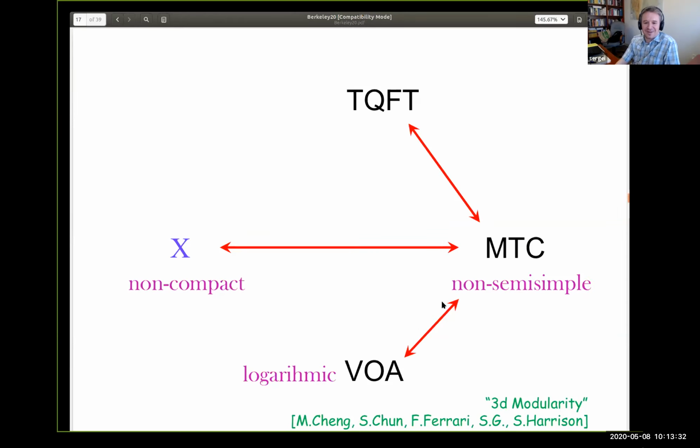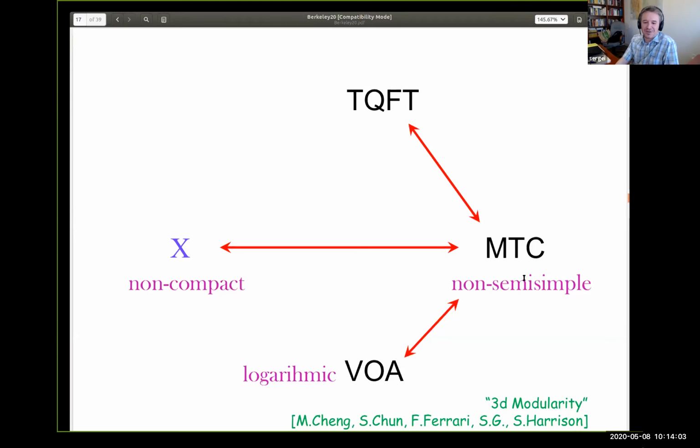So to give a more refined answer to the previous question, here is our diagram back again. We'll consider correspondence between geometries of hyperkähler manifolds and modular tensor categories, but I'll care about variants of modular tensor categories, not just the strict rigorous definition of MTC as a non-degenerate spherical braided fusion category, but rather relaxing some of the conditions in this definition.